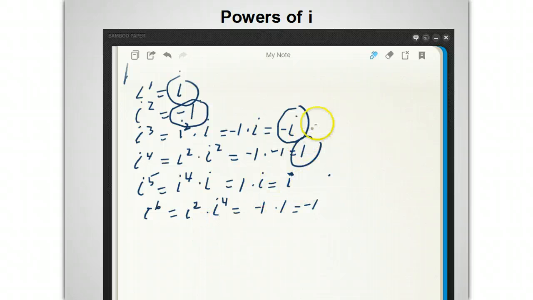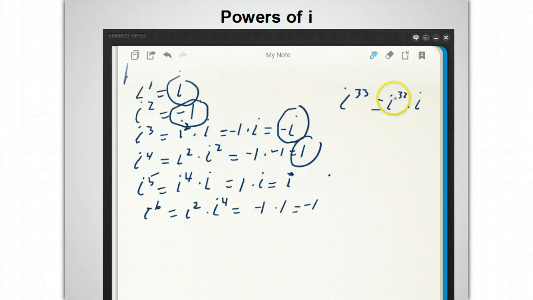So if we went out there a little ways and said, well, what's i to the 33rd? Well, we could continue building this up recursively and find i to the 33rd by finding i to the 32nd first, but we'll need i to the 31st before that, and i to the 30th. But i to the 33rd, we could write as i to the 32nd times i.